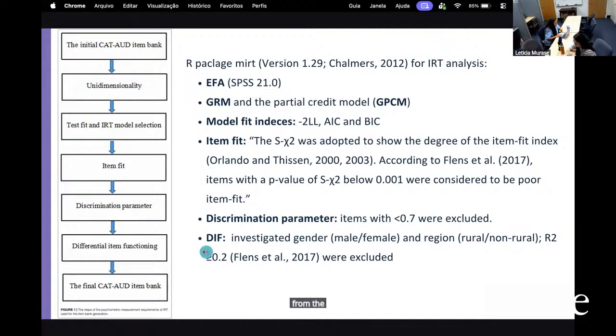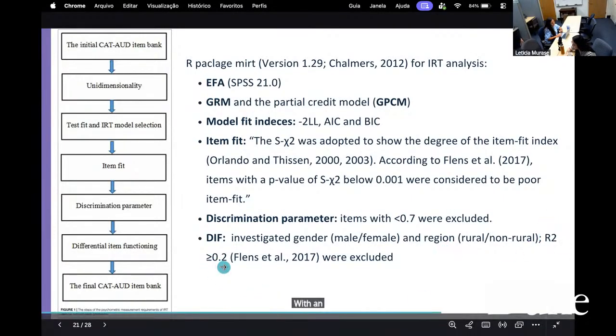And then they did this differential item functioning analysis investigating both gender and region. With an R2 higher than 0.2, the items were excluded.